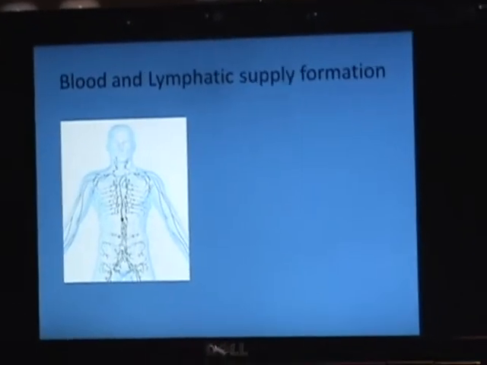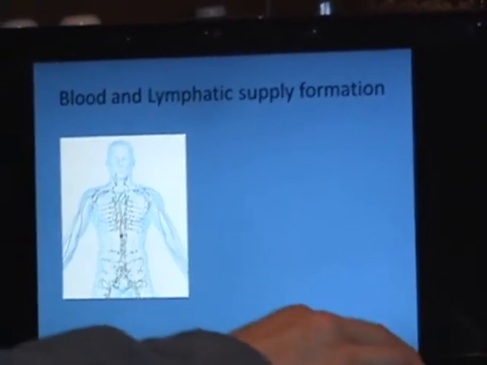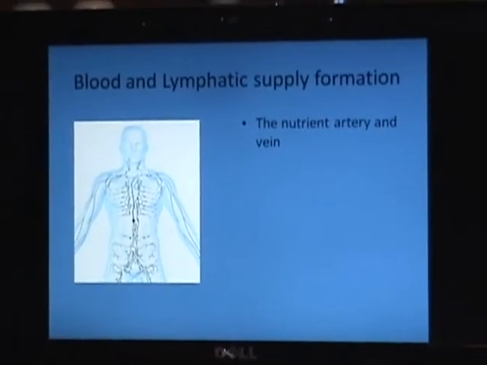Blood and lymphatic supply formation. The nutrients that you get from arteries and veins and how they work with your bones. The blood vessels enter the bones at the beginning stages of endochondral ossification, when it's just hyaline cartilage.